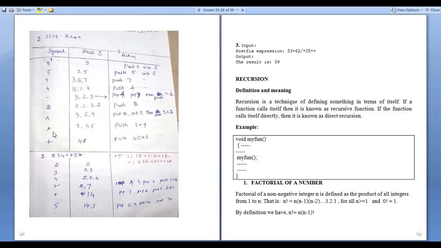Then we have star as an operator. Now what are the two operands we have at the end? That is 5 and 9.